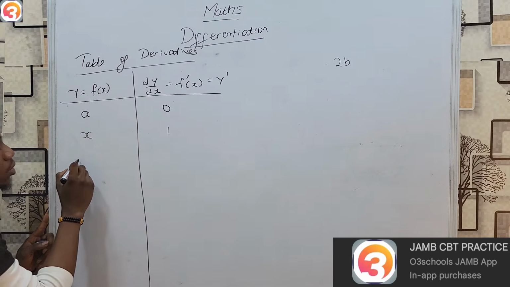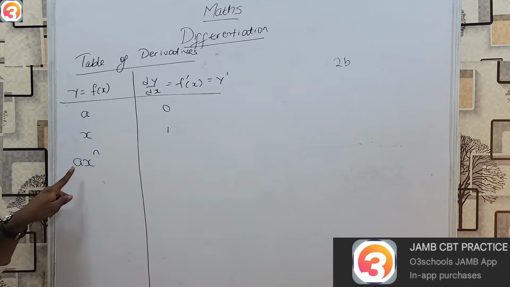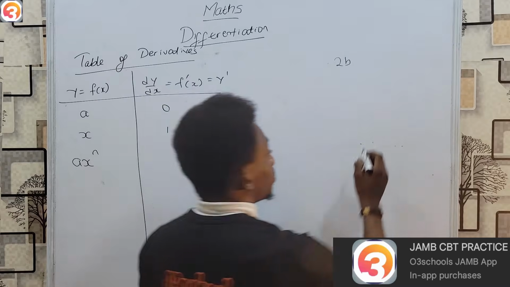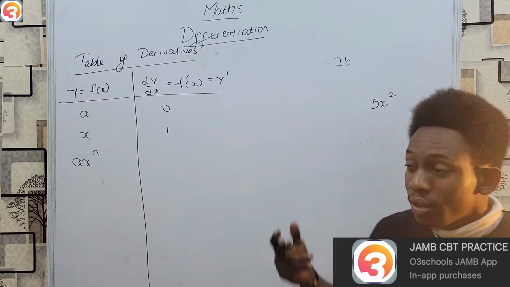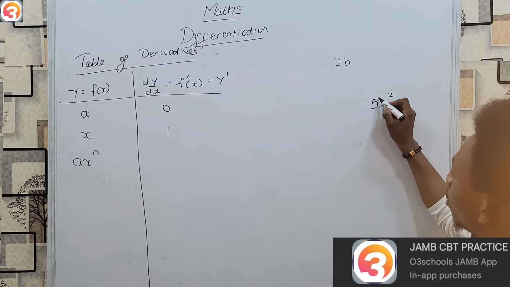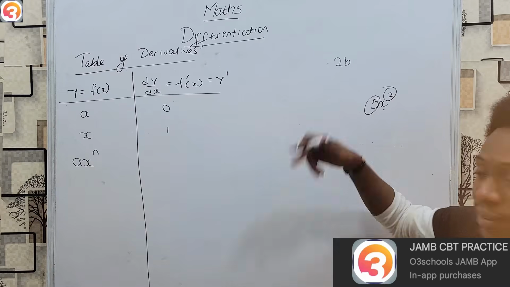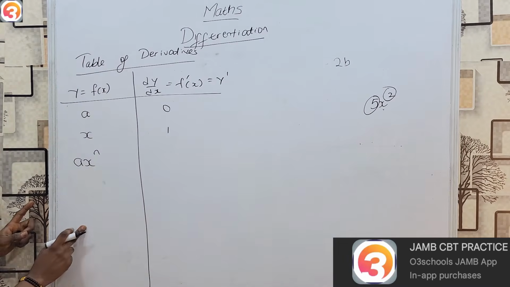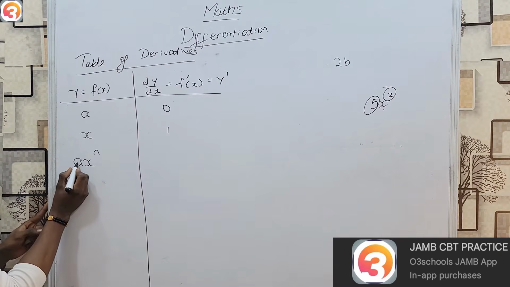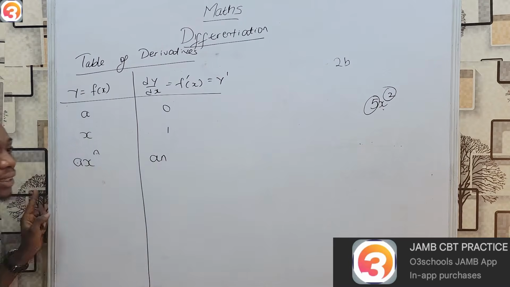Next up, what if it was ax raised to power n, where a and n are constants? This could be written simply as, let's say, 5x to power 2. This is an example. This is my x, this 5 represents my a, and this 2 is the n. If I find the derivative of this, what I get is the number behind times the power, that's a times n.